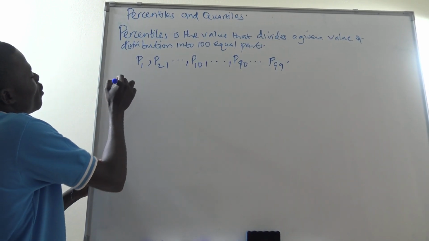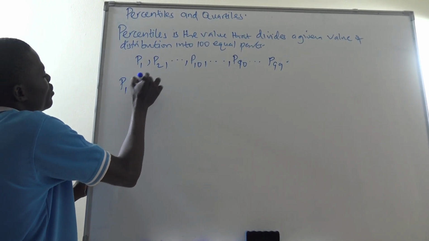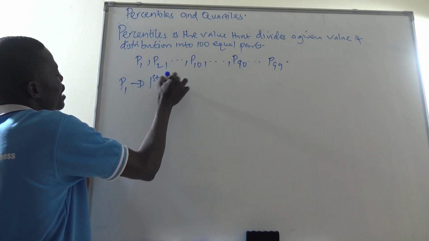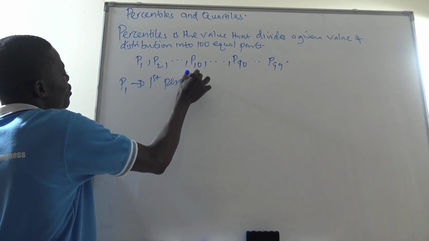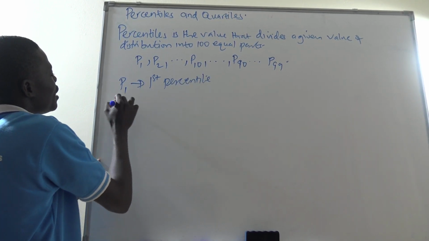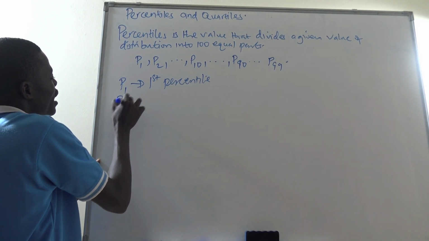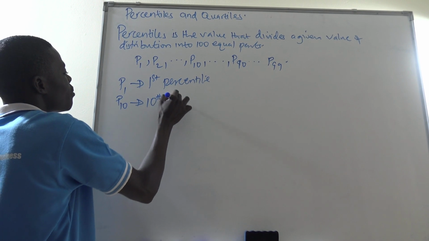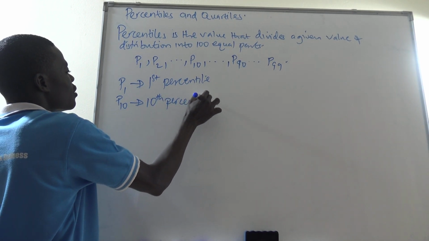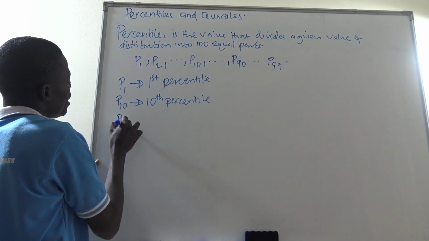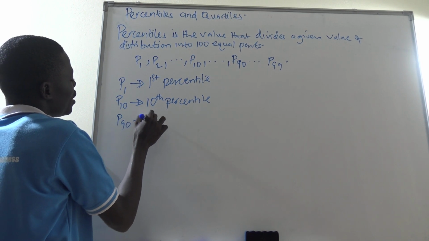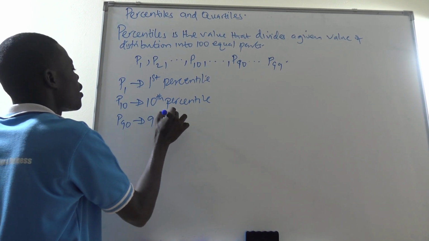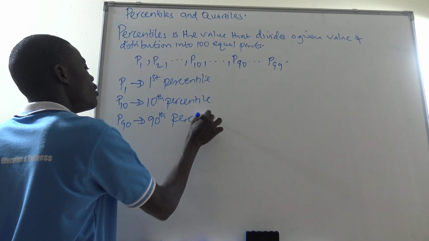When you have P1, it means it is the first percentile. Then P10 reads as the 10th percentile, and P90 also reads the 90th percentile.